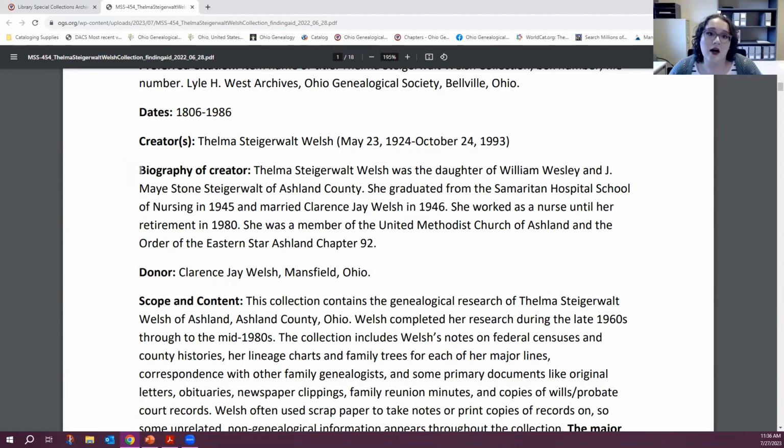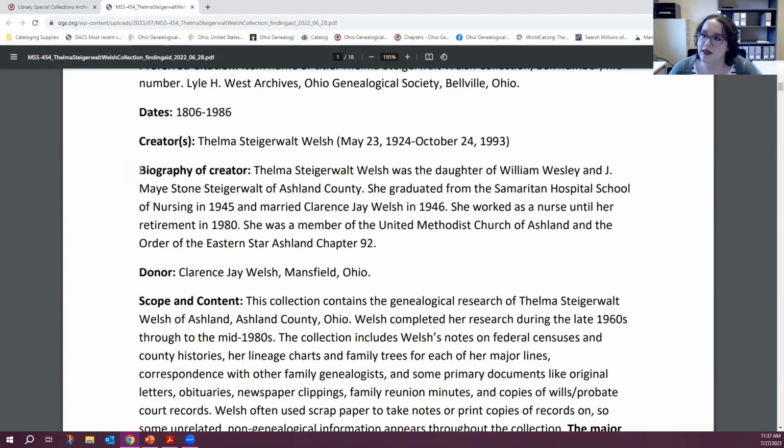If it was a company whose collection this was, it would be administrative history. So just a history about when the company started and what they did. For example, we have a collection from the Mansfield YMCA. If this was their collection, it would be administrative history: these are the dates it started, here are the buildings they occupied, here's what they did.